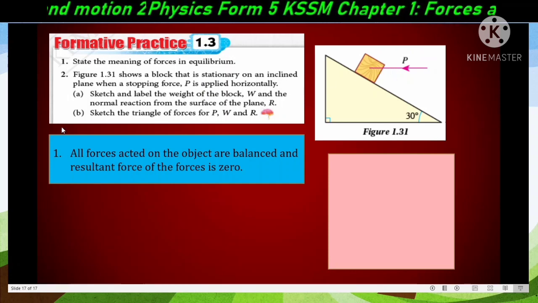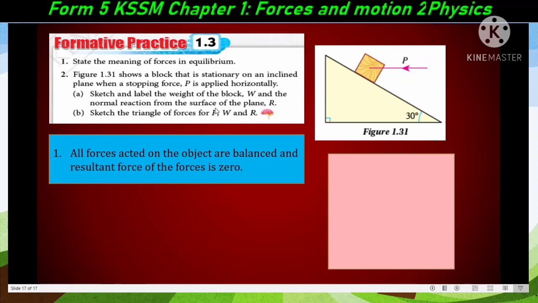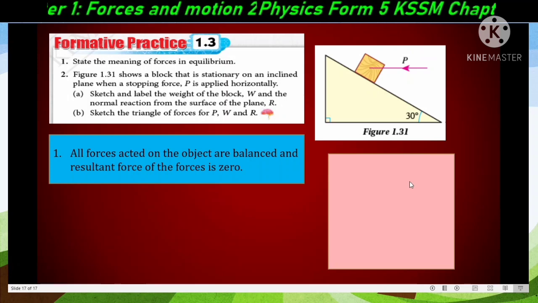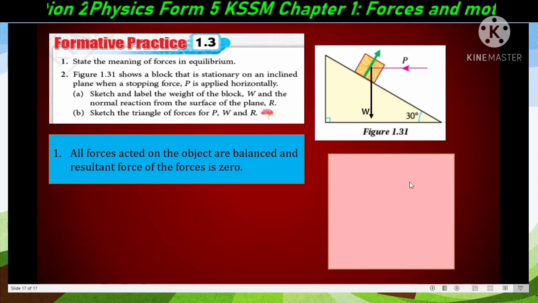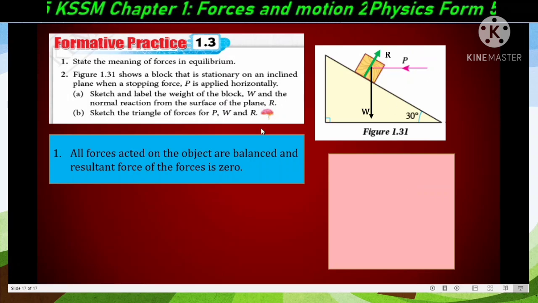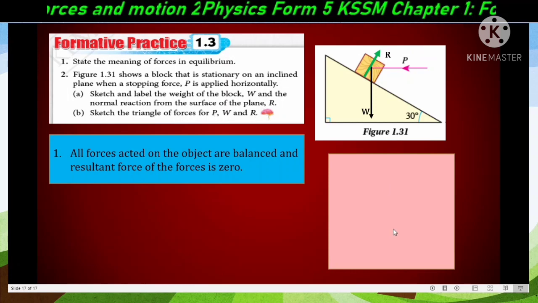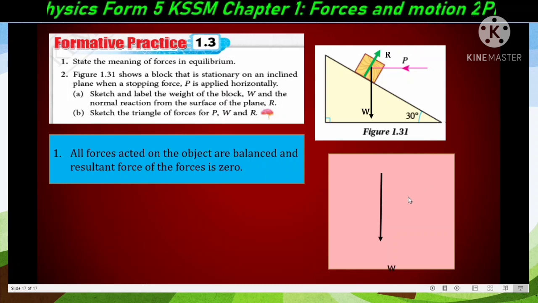Part A: sketch and label the weight of the block and the normal reaction R from the surface of the plane. You want to draw two forces only. So we have weight downward, and normal reaction at 90 degrees to the inclined plane. Then sketch the triangle of forces for P, W and R. I will draw W first, the vertical one.